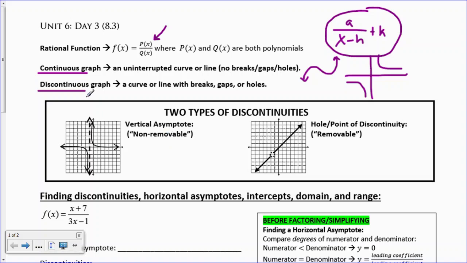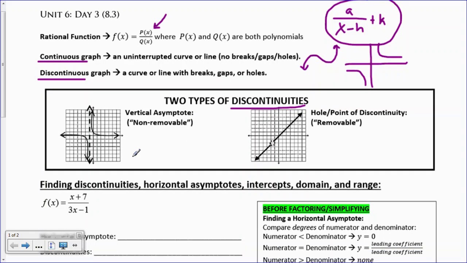The things that create discontinuous graphs, so the thing that creates a break, gap, or hole, those are called discontinuities. So discontinuities create discontinuous graphs. The 2 that we're going to be focusing on primarily in this lesson are vertical asymptotes and a hole. A horizontal asymptote is not considered a discontinuity.